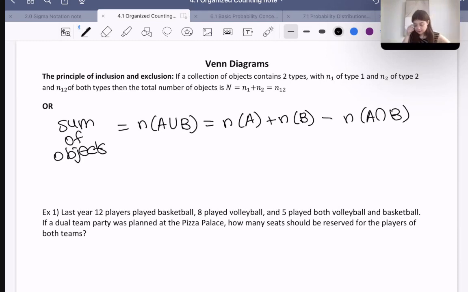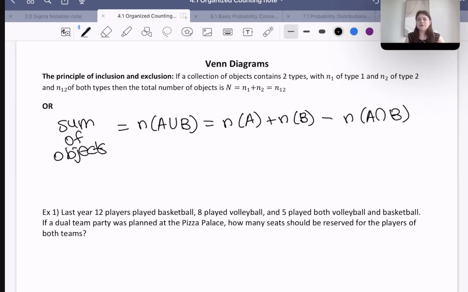So for example, let's say that category A is people who like pizza, and category B is people who like, I'm not sure, tacos, for example. Is it possible that somebody likes both pizza and tacos? Absolutely, yes, 100%, right?